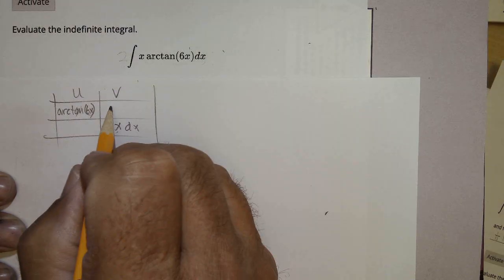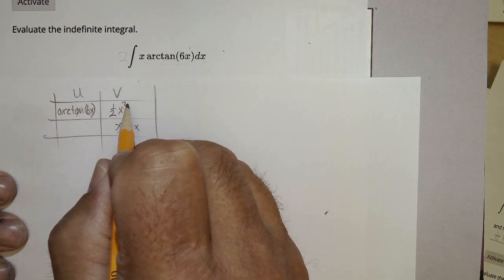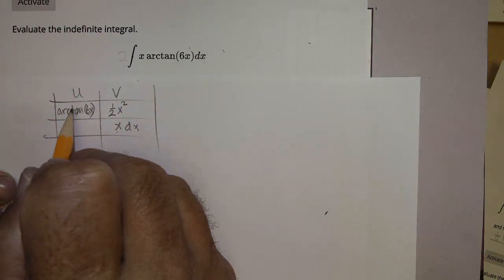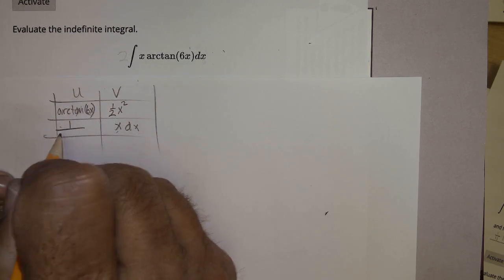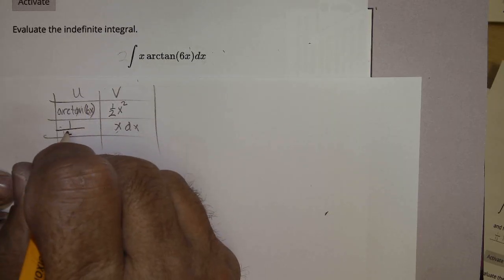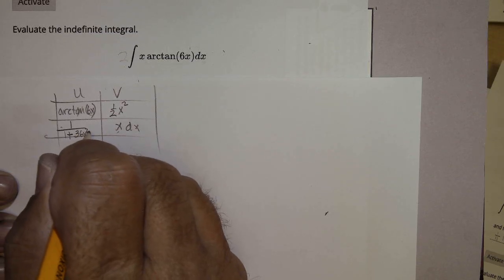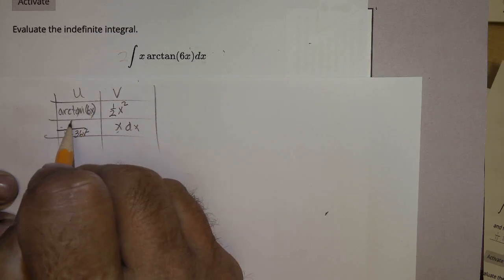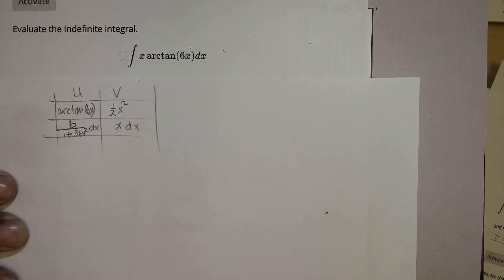So the antiderivative of this is 1/2 x squared. And the derivative of this is 1 over 1 plus whatever x is squared. So that's 36x squared times the derivative of the inside, which should be a 6 dx.